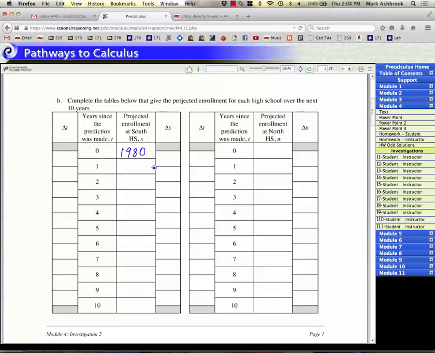Everything's the same as what's written. It's just they both increase instead of decrease. So South is increasing by 3% per year. And North starts at 1760 and increases by 20 students per year.